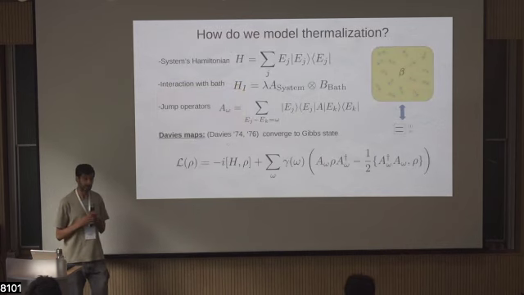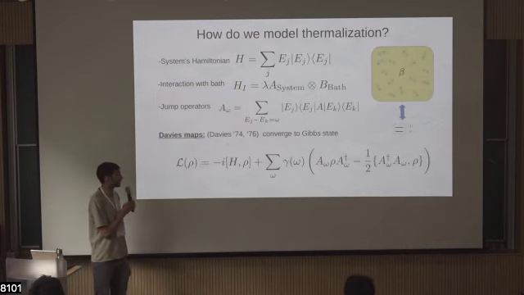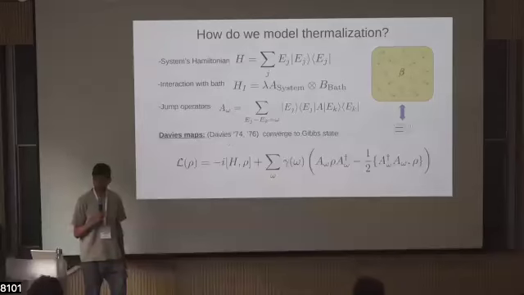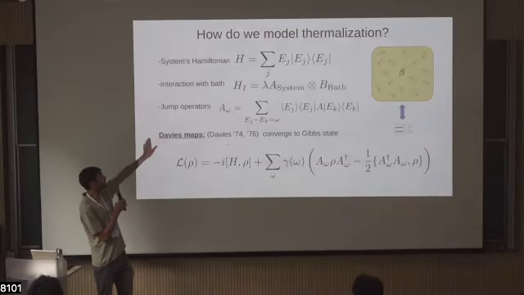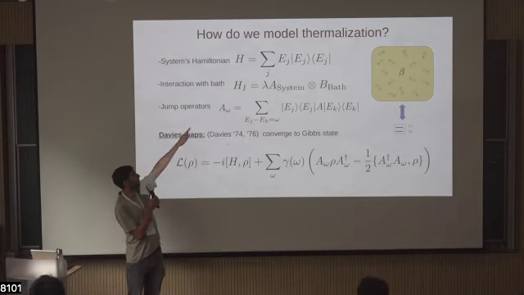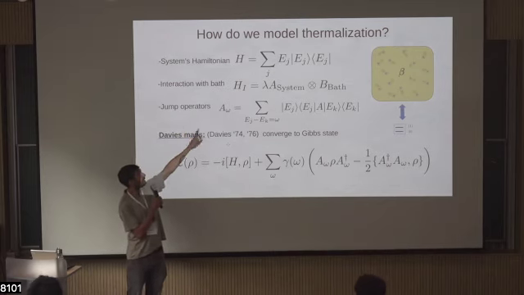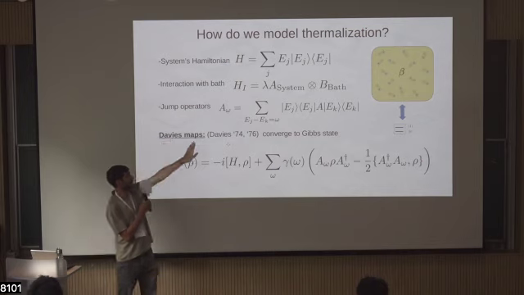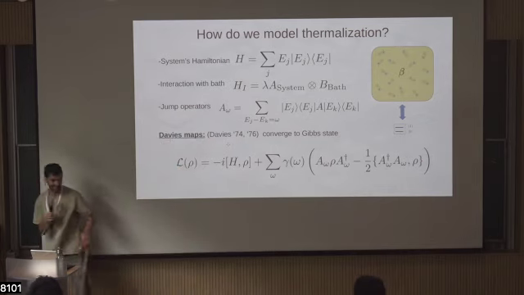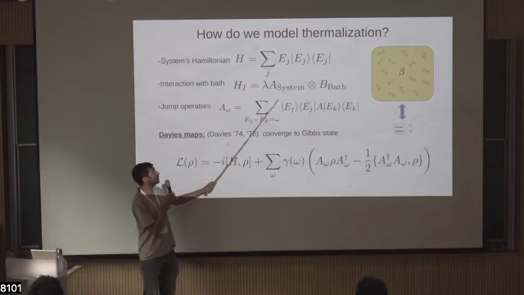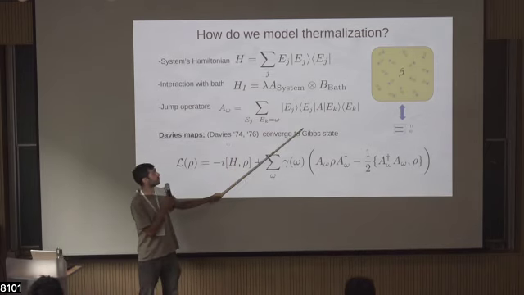Okay, so what is exactly the model that we typically use for this type of question? In order to introduce this model of thermalization, I need some notation. First of all, my system is going to have a Hamiltonian with some energy levels. And then the system is going to interact with the bath through some interaction Hamiltonian, with some operator that acts on the system and some operator that acts on the bath.